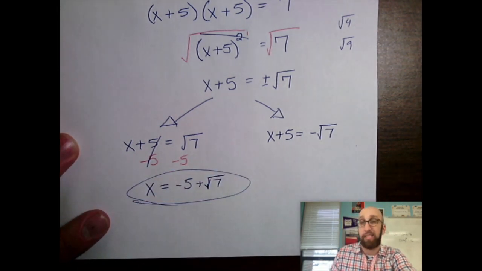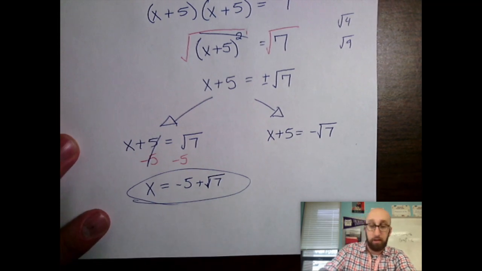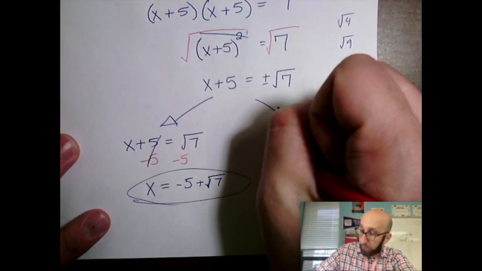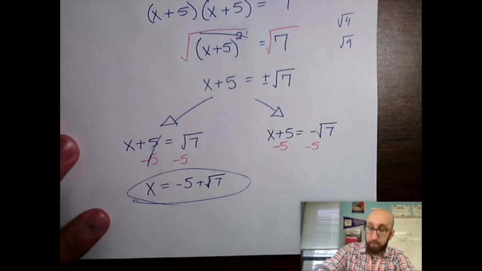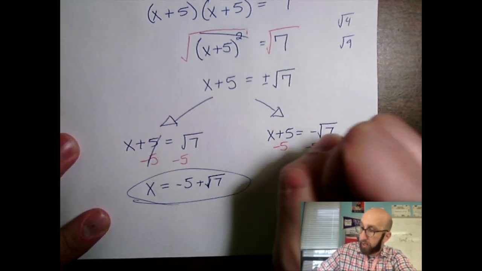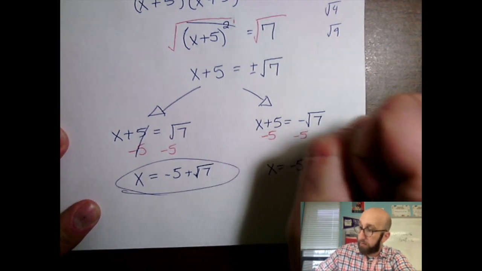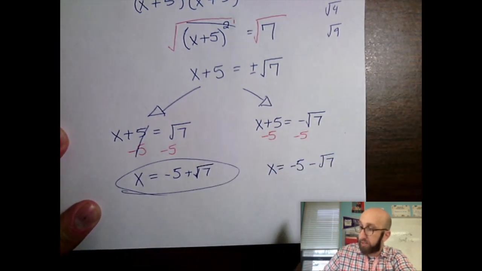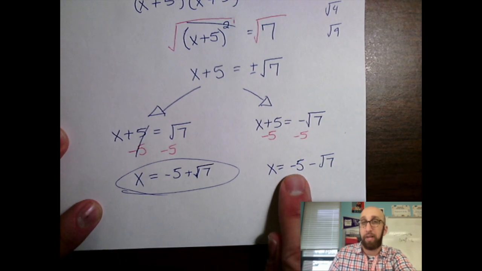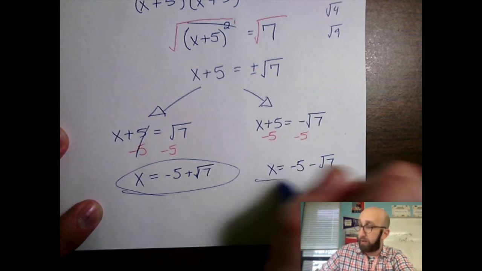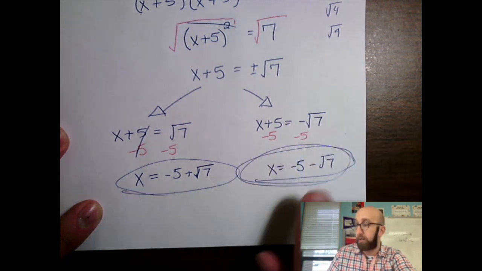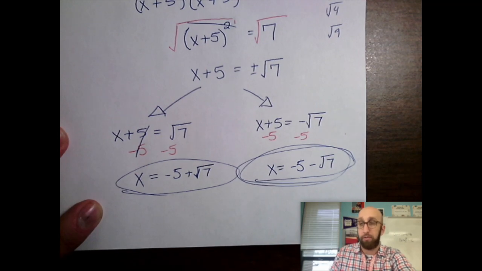That, as ugly as it is, is one of my solutions. To the right side, subtract 5, subtract 5. Again, these are not like terms, so I'm going to leave the negative 5 alone and the negative square root of 7 separate. So we have negative 5 minus the square root of 7. Can't do anything else with that either. That is my other solution.